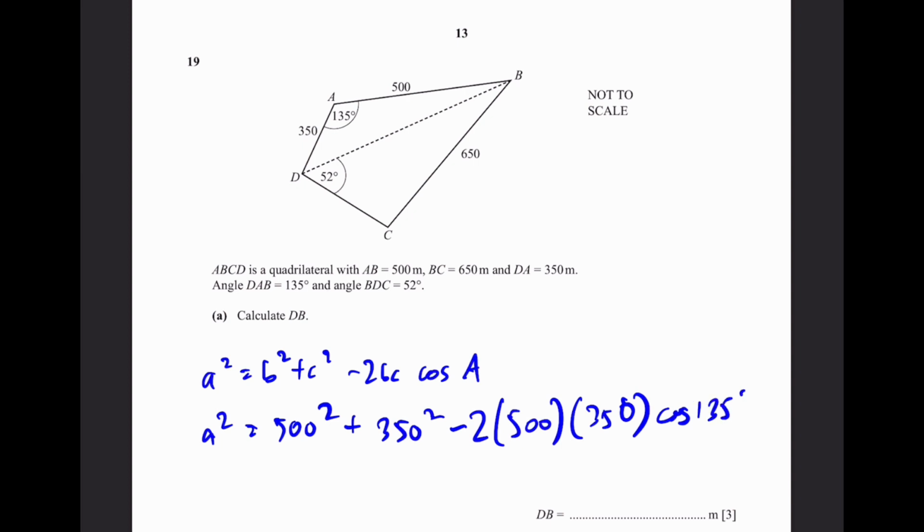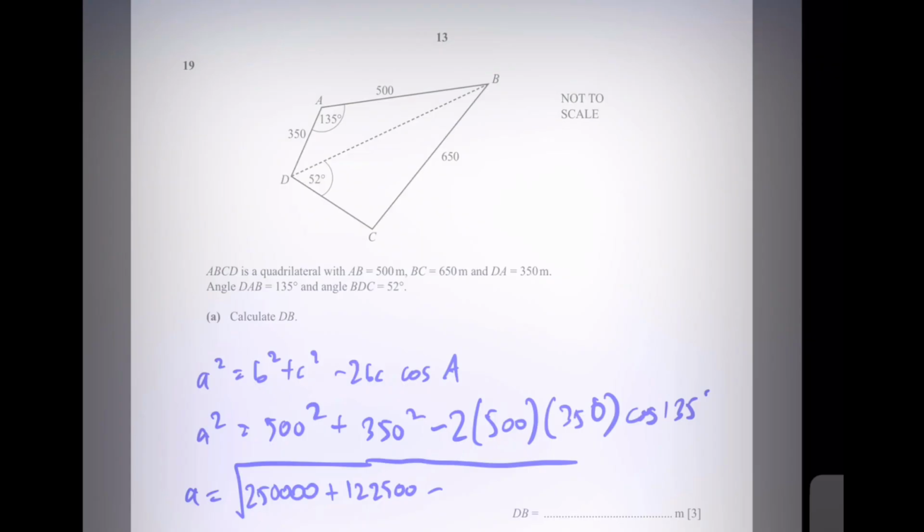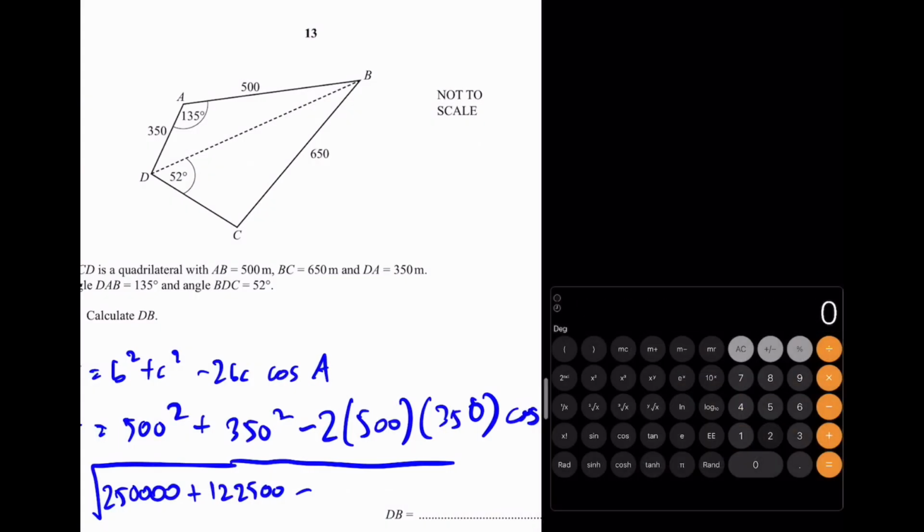And therefore a is equal to the square root of this number, 250,000, and then plus 122,500, and then minus this value here, which we can put on our calculator. So 2 times 500 times 350 times cosine of 135, to get minus 247,487.373, and so on.